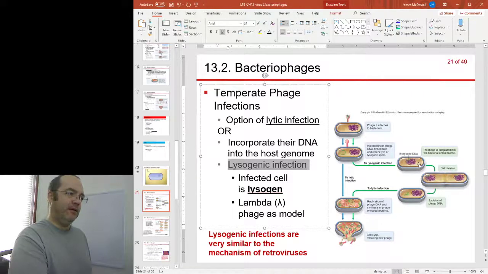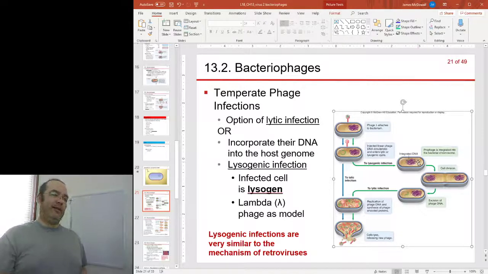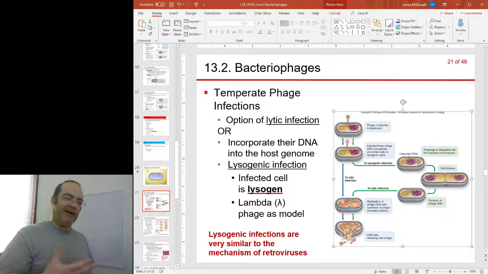So this bacterial cell has a lysogenic infection, and as a result, we can call this bacterial cell a lysogen. It sounds a little bit tricky to remember that the cell itself is called a lysogen.